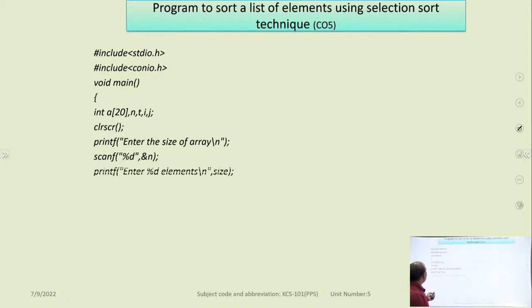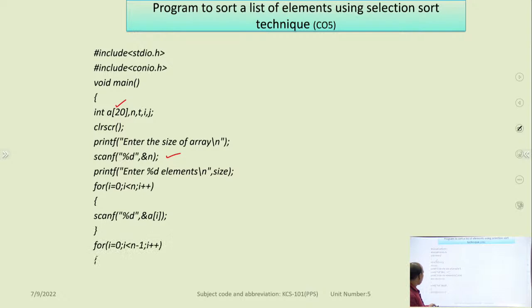So with this scanf, here I have declared an array A, and I have entered the size of this array as n, and then up to n I entered the elements in this array.